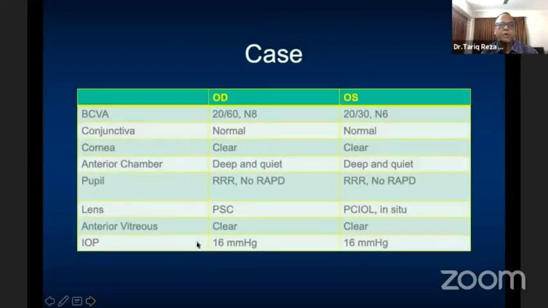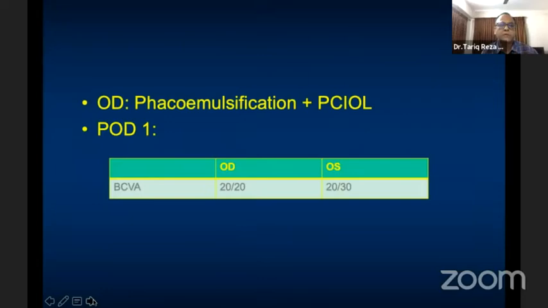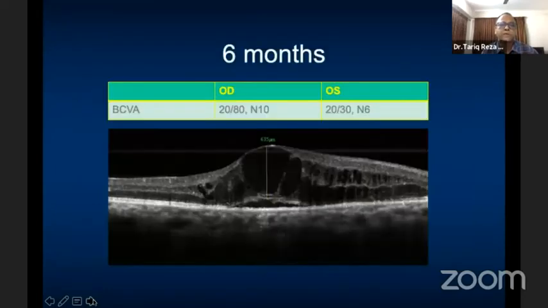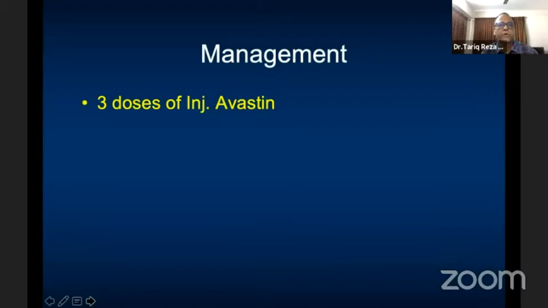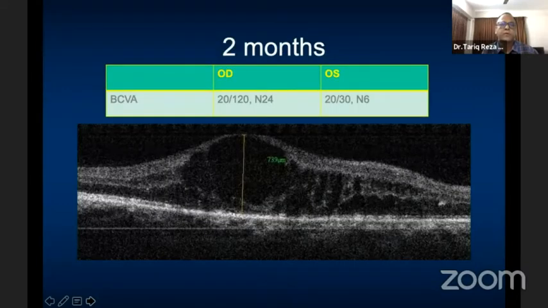This patient had only cataract, vision was 20/60, and the other eye was pseudophakic. After the cataract surgery, the first POD vision was 20/20, but after 6 months the patient came with very poor vision, 20/80, and we decided on injection Avastin, 3 doses. After Avastin, vision did not improve.